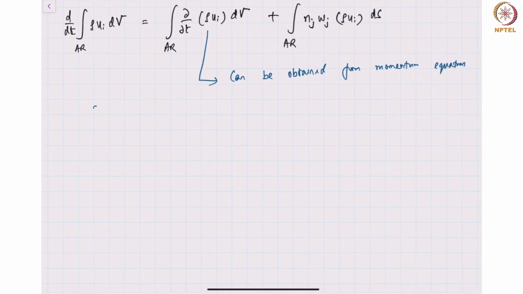The momentum equation is del by del t of rho ui plus del by del xj of rho ui uj. This is valid for both a compressible and an incompressible fluid. In an incompressible fluid, density would be constant. There is some body force Fi. This Fi is basically body force per unit mass.